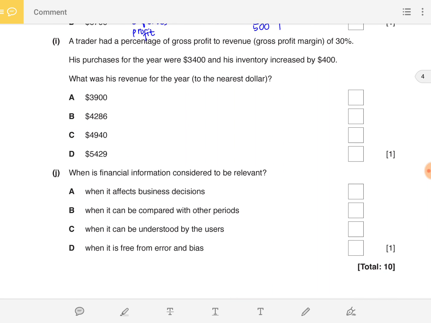I. A trader had a percentage of gross profit to revenue, or gross profit margin, of 30%. His purchases for the year were 3,400 and his inventory increased by 400. What was his revenue for the year to the nearest dollar?